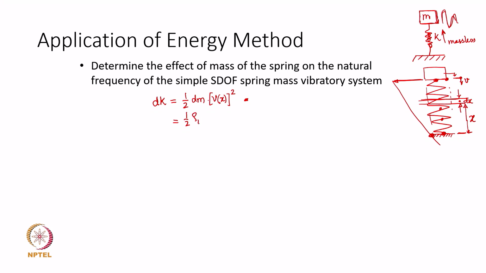I will write dm as the linear mass density times dx, which is the mass of this small element of the spring, and the velocity at x I can write equal to V times x over L, where L is the total length of the spring, and squared, of course.